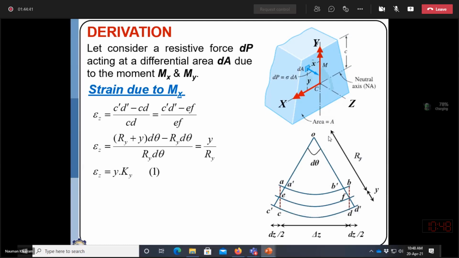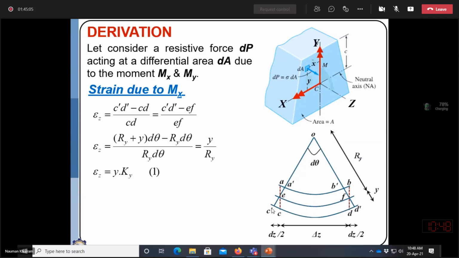Ry is the radius, the distance from the origin to this center line, which is assumed as the neutral axis, and the distance from the neutral axis to the fiber, which may be at the outer side or at any distance from the neutral axis, is y.